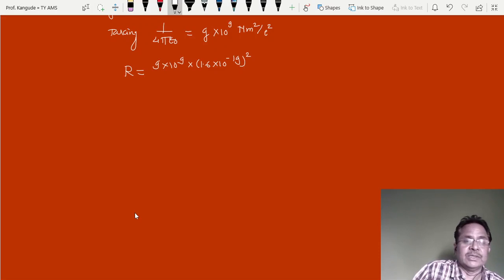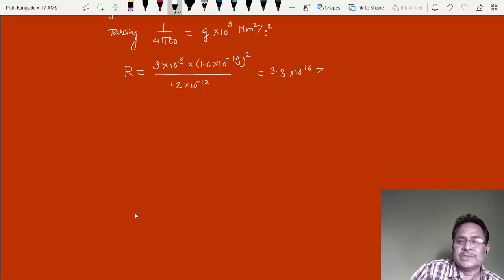And this calculation gives you, if it is divided by this 1.2 into 10 raised to minus 12 in MeV, I will get this R will be approximately equal to 3.8 into 10 raised to minus 16 times Z. Z is the atomic number of that nucleus, in meters.